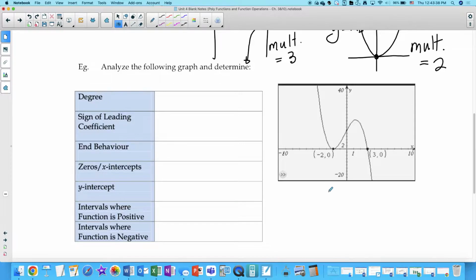Well, firstly, you can decide whether it's even or odd by looking at where it starts and where it ends. It starts up, ends down. So it's not even. Okay?